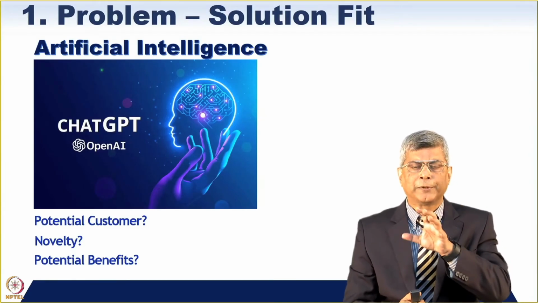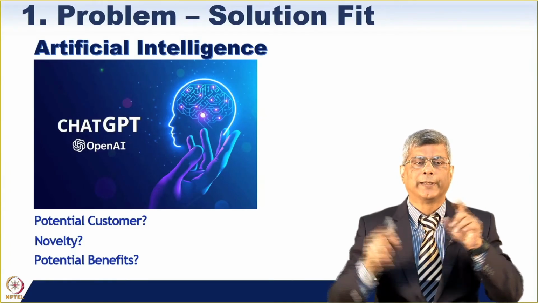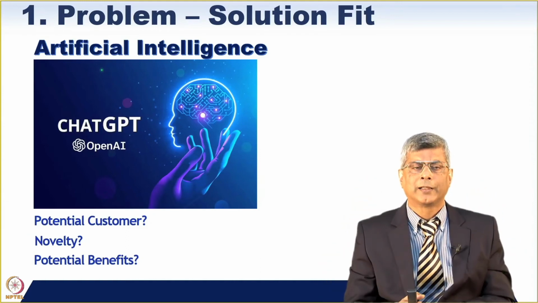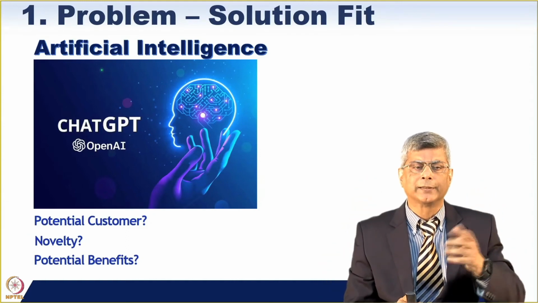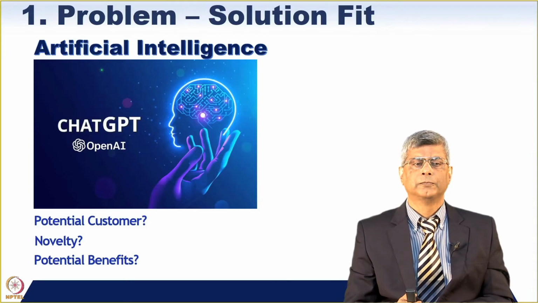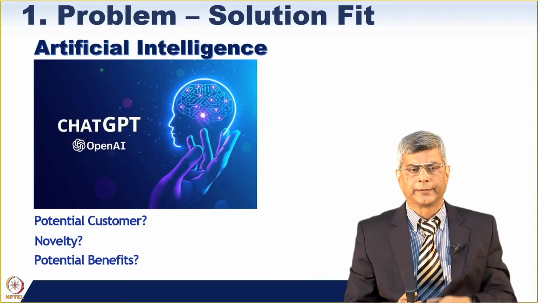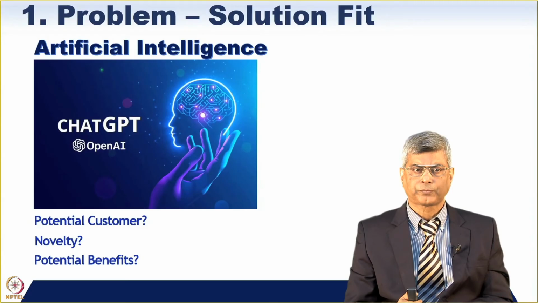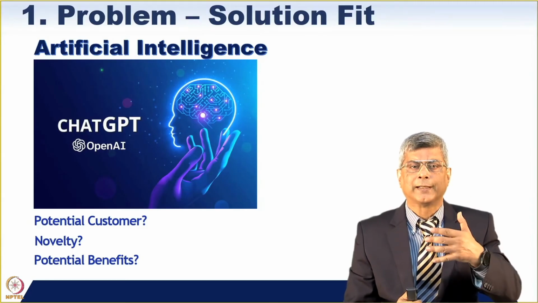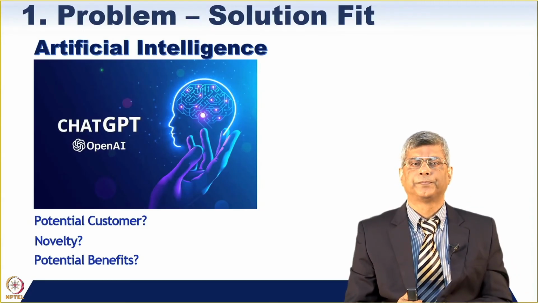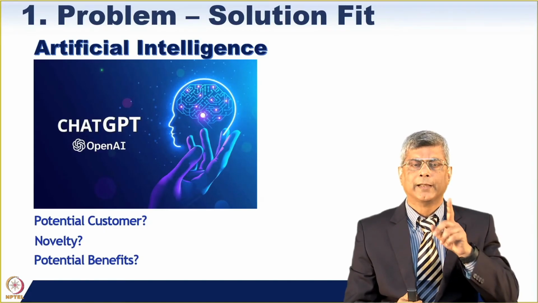So think about the problem-solution fit for this innovation called artificial intelligence. Who is the potential customer? What is the novelty value of this innovation? And what can be the benefits to the customer for this innovation? So that's example number one.